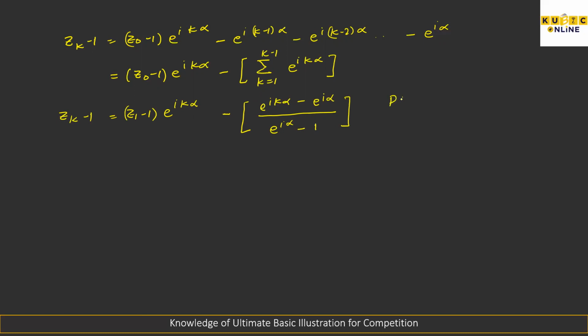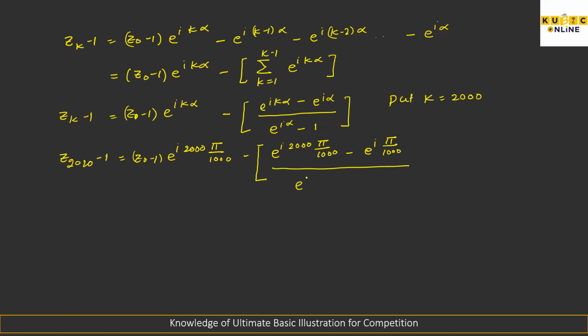Now here we put k equal to 2000. So if we put k equal to 2000, we get z2000 minus 2000 equal to z0 minus 1 into e to the power I 2000, put the value of alpha, pi divided by 1010, minus e to the power I 2000 pi divided by 1010 whole divided by e to the power I pi divided by 1010 minus 1.